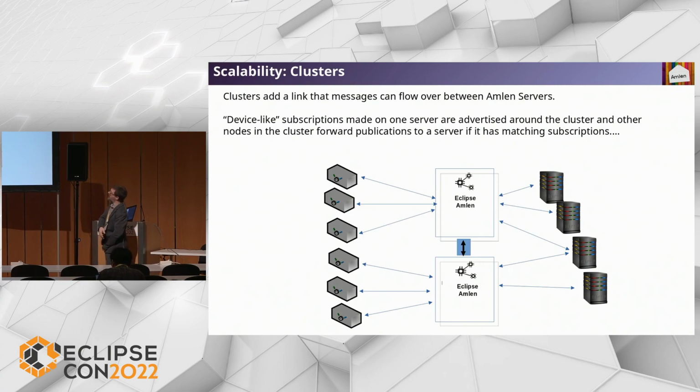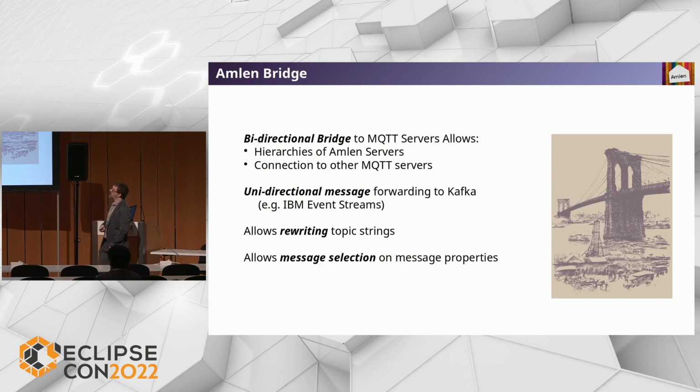So we've talked about the server, we've talked about the web UI, and I've talked a little bit about scaling and reliability for Amlen. There's also one more component I want to talk about, which is a bridge. The bridge is effectively a simple program that can subscribe, or have lots of instances of it subscribe, to a shared subscription on one Amlen, publishing somewhere else, and it can be bidirectional.